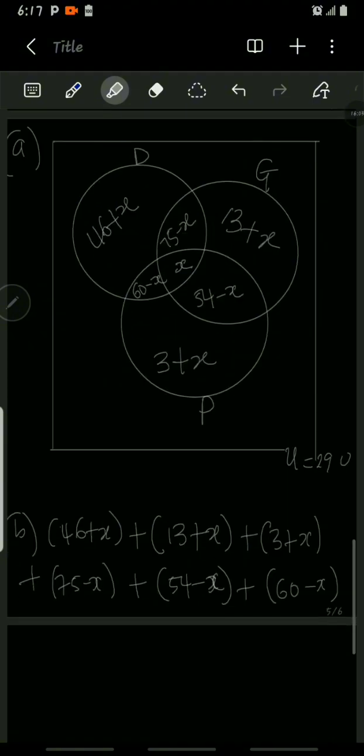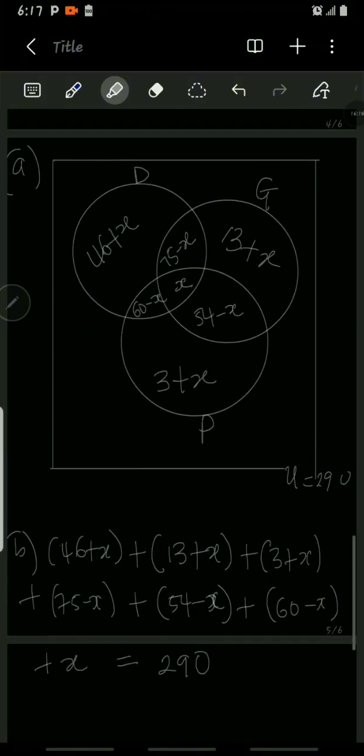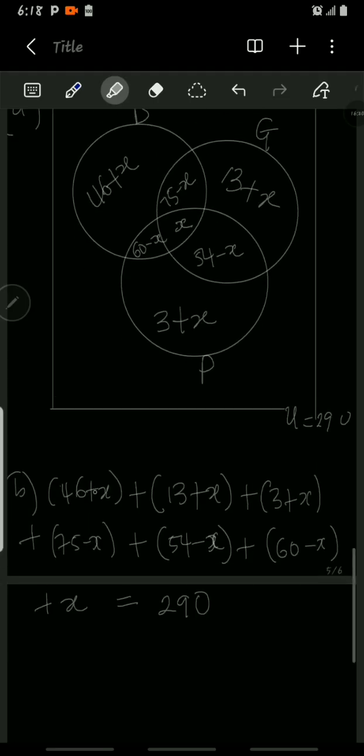Then I think the last one is plus x. Everything here is going to give me 290. So basically I have 7 terms: 1, 2, 3, 4, 5, 6, 7.